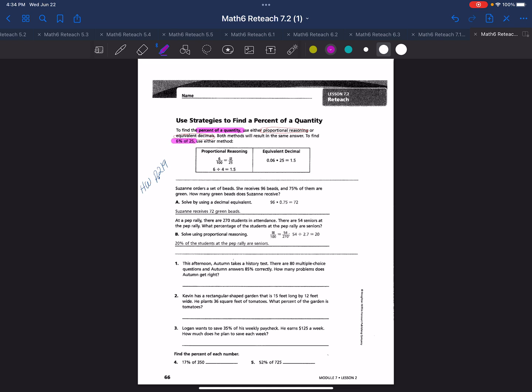So they have 6% of 25 here. The word of here means multiplication in math.